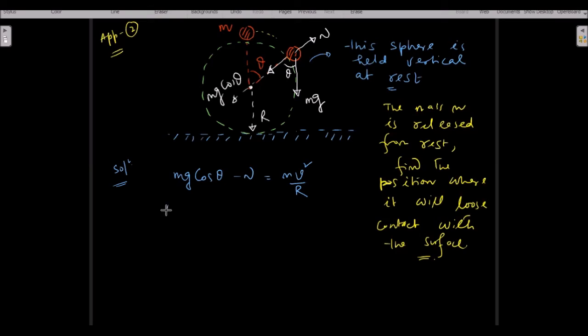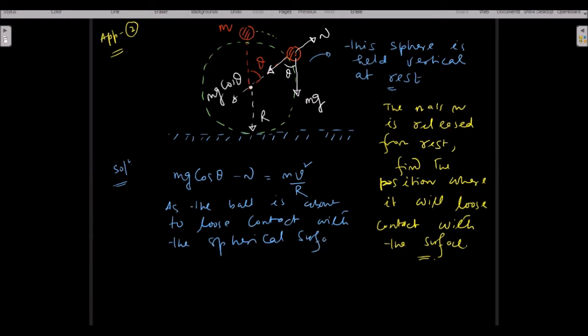Correct. Now, as the ball is about to lose contact with the spherical surface, the normal reaction becomes zero.